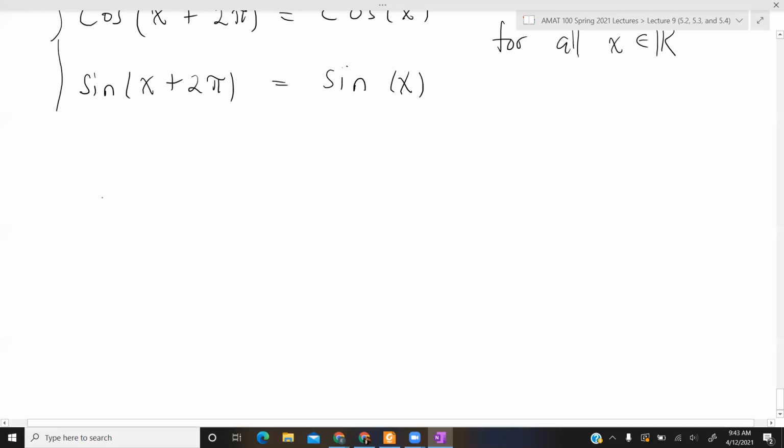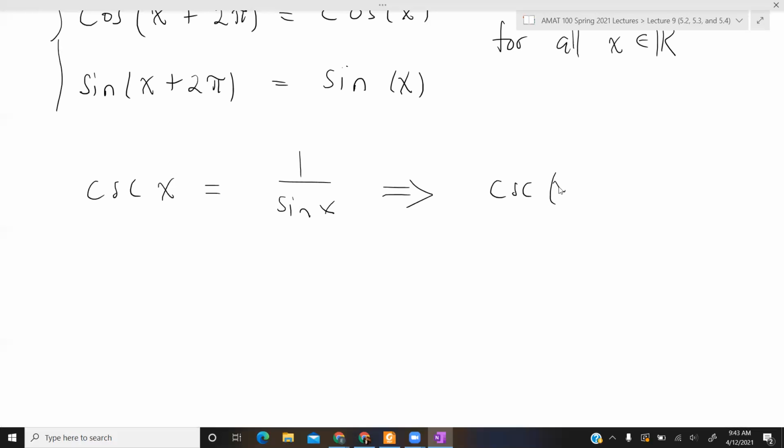So if you remember, the cosecant is defined in terms of sine. It's 1 over sine x. That immediately implies that cosecant x is also periodic with the same period, so this equation holds. Cosecant is a periodic function with period 2 pi.